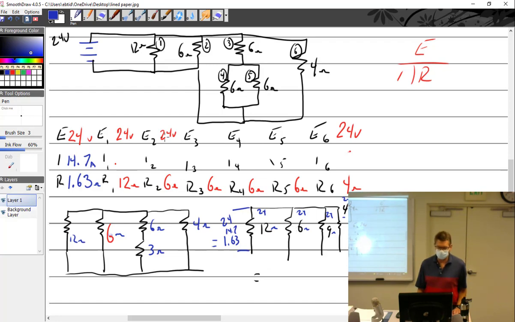R2 hasn't changed, so that's 24 volts. R3, 4, and 5, that's still undetermined right there. And R4, or this one over here, 6 hasn't changed, so that's 24. So it says 2 amps, 4 amps, and 6 amps. All right. You with me there?